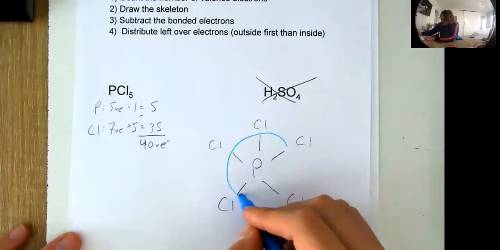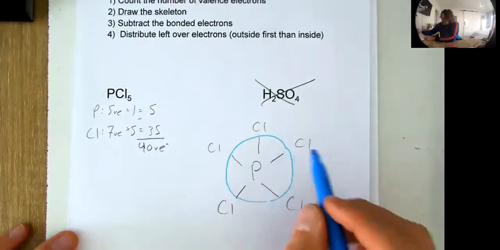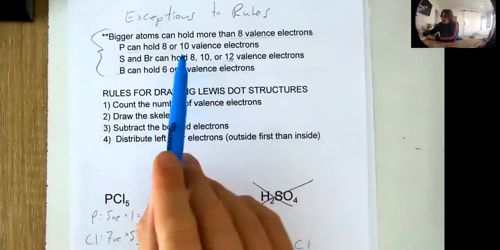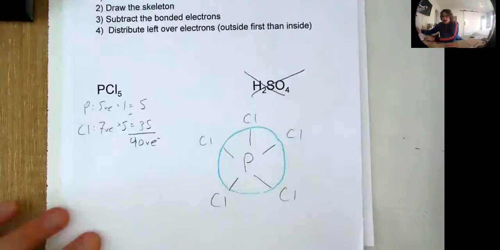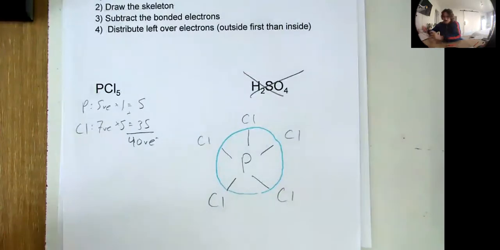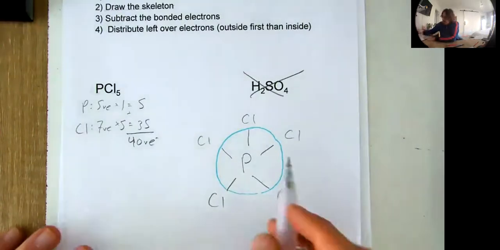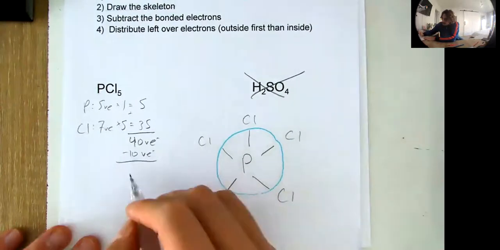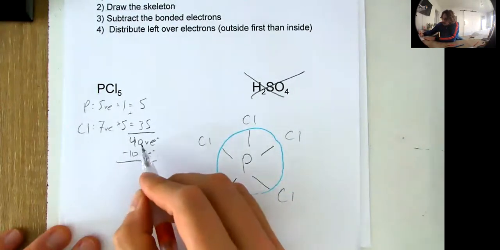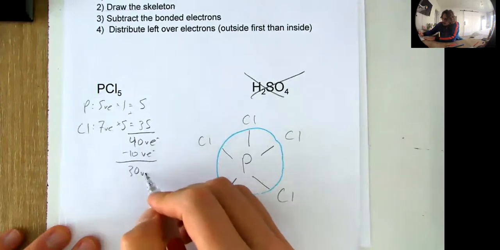Well, here's our exception to the octet rule. Phosphorus can hold 8 or 10 valence electrons. So we're obeying the rules still, the exceptions to the rules. Okay, we just drew 10. So we need to subtract away 10 electrons, and that's going to be 30 valence electrons left over.